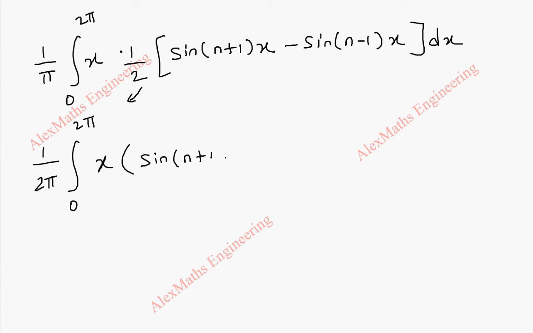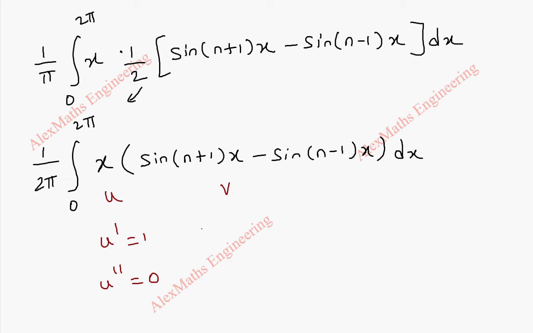Once again, we are going to use Bernoulli's formula for integrating this. So, as usual, the algebraic term is taken as u, this entire term is v. Now, u dash becomes 1 and u double dash becomes 0. Here, v1, we have to integrate this, which is minus cos of n plus 1 x by n plus 1.